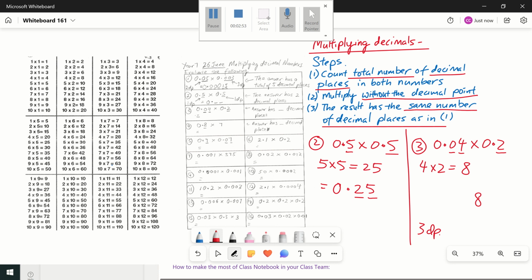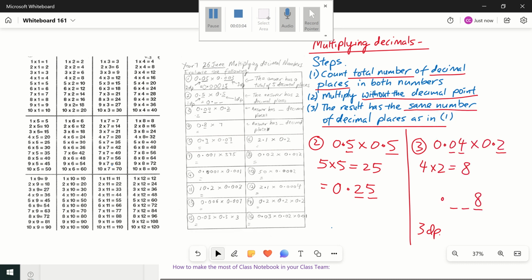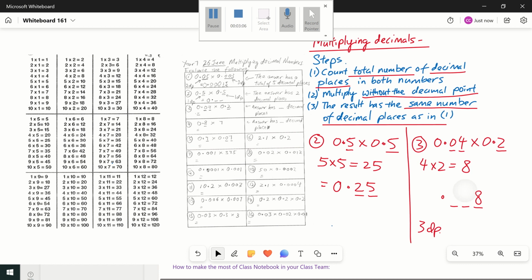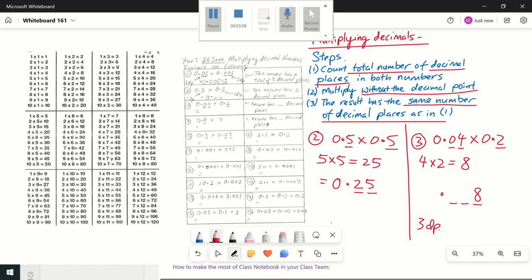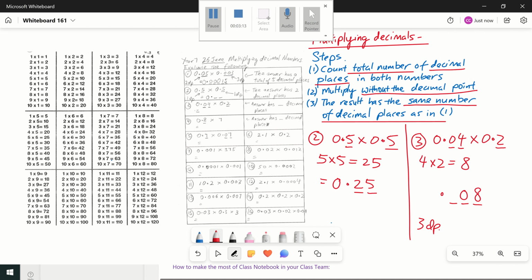And then I'll underline those decimal places starting from the right. 1, 2, 3, followed by a decimal point. So we're going to fill all these empty spaces with zeros. Zero, zero, zero. So the answer is 0.008.